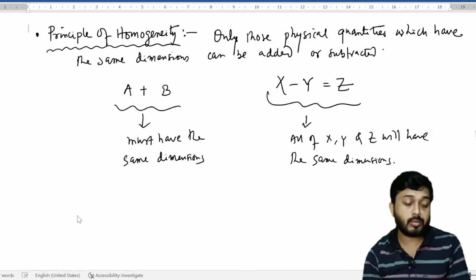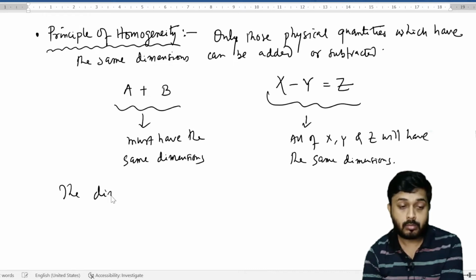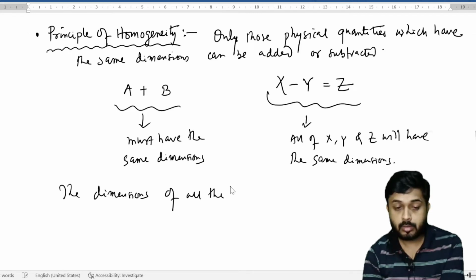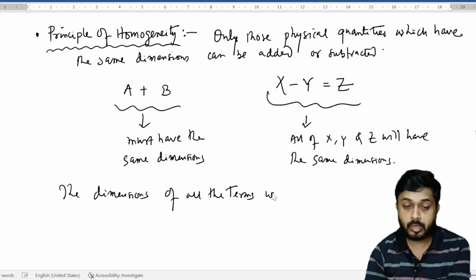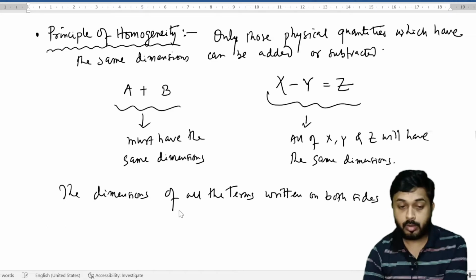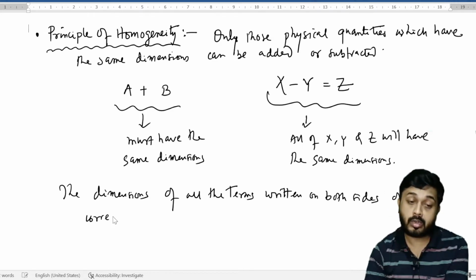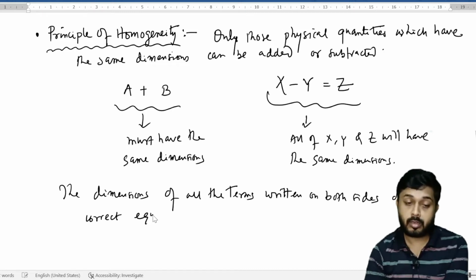In simpler words, I may tell you that the dimensions of all the terms which are written on both sides of a correct equation should be the same. Correct means dimensionally correct.